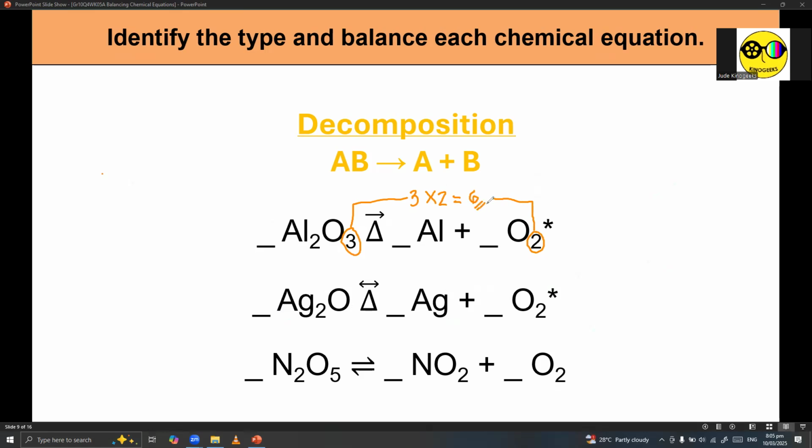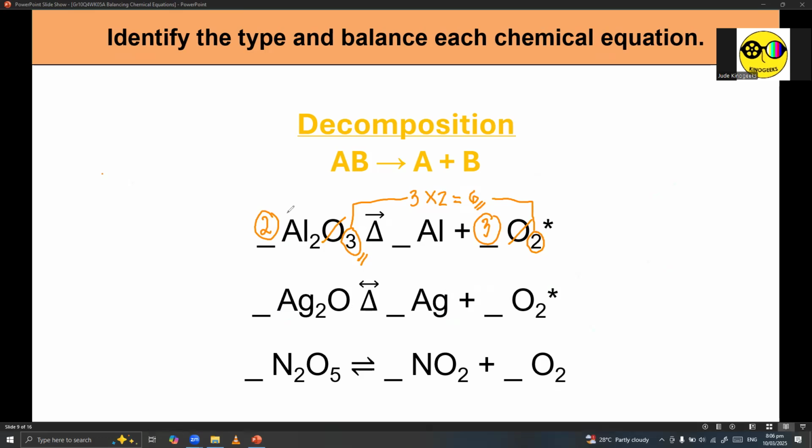And ang goal natin is to make the number of oxygen atoms 6 on both sides. So because we already have 3, then therefore we have to multiply Al2O3 by 2. And on the right side, because we already have 2, we have to multiply it by 3. So at this point, oxygen is already balanced, and we're now left with aluminum.